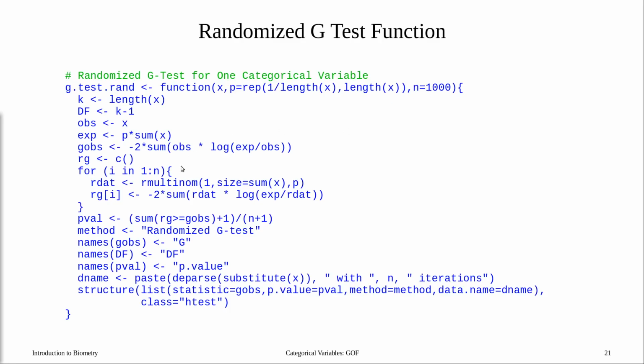So it's going to do the same thing as the chi-square test, and it actually generates the data the same way using this R multinomial function. So what you would do is copy that randomized g-test script and then paste it into your RMD document, right into that functions box, and then you run that chunk so that g.test.rand appears.